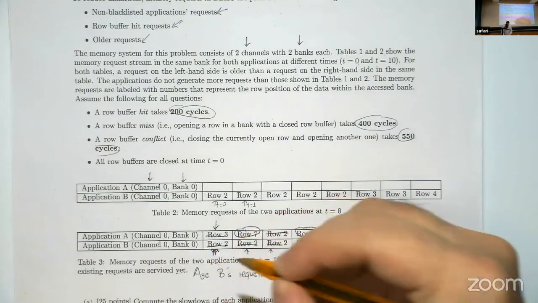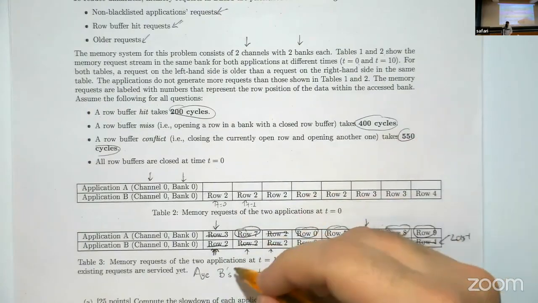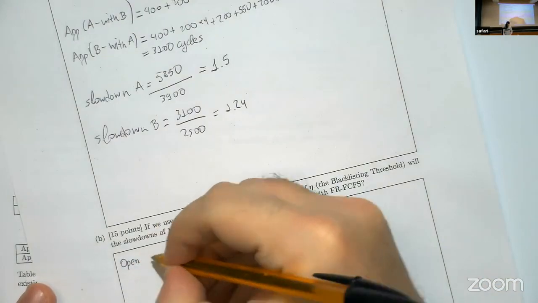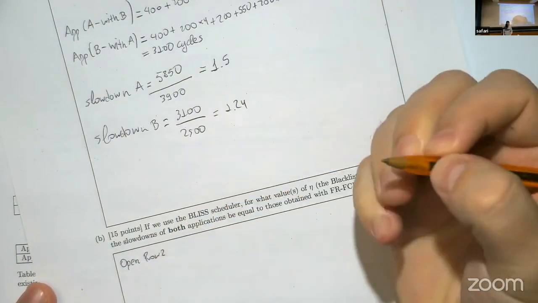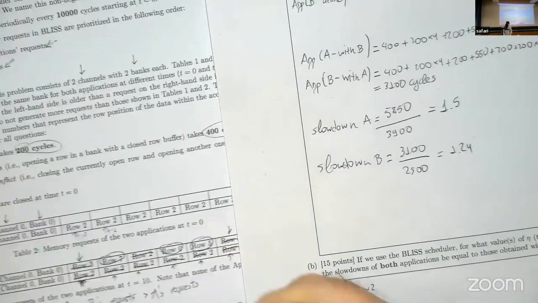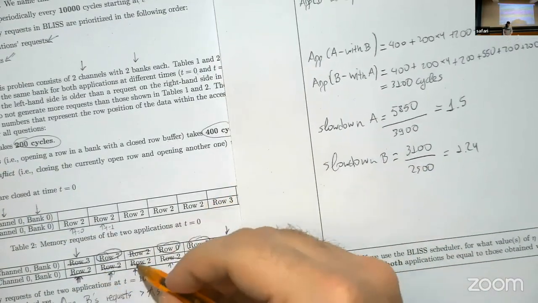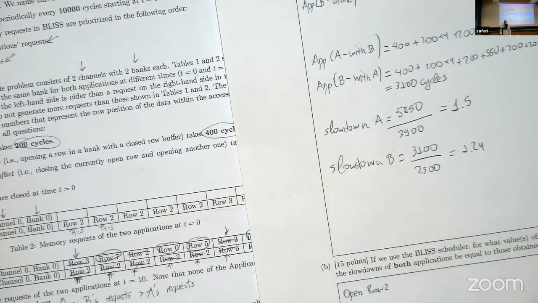We start by opening row 2. And then, let me write it here, we open row 2. And then application B opens row 2 one time, 2 times, okay, reads from row 2: 1, 2, 3, 4. Right?